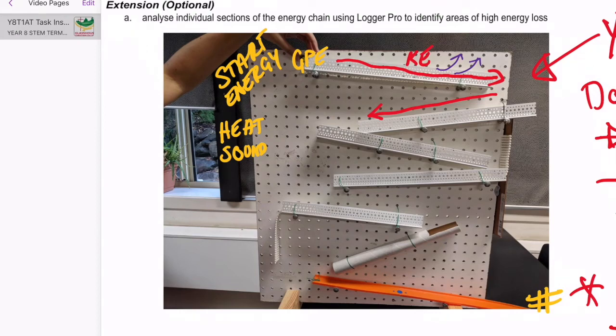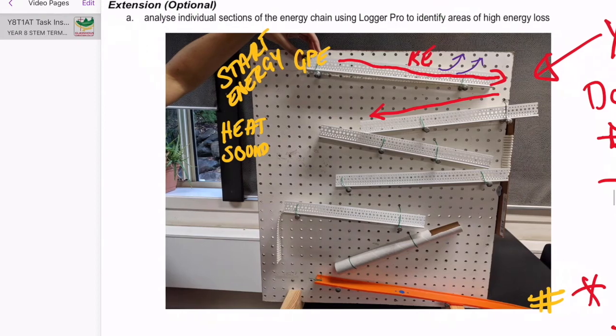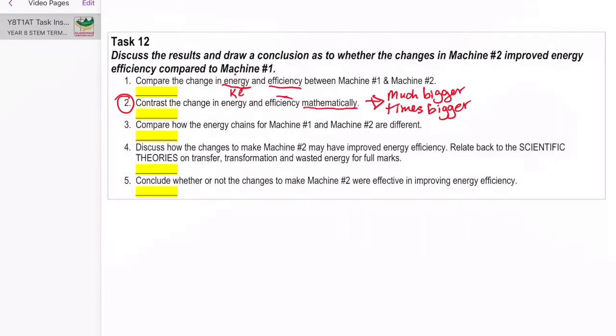So say you took out a ramp and you've drawn that in, that you've put a ramp in here that you're going to be sending the marble down on. Well, you have to actually record and talk about that. That's what this task is about. And of course you need to write down those comparisons for everyone to see.